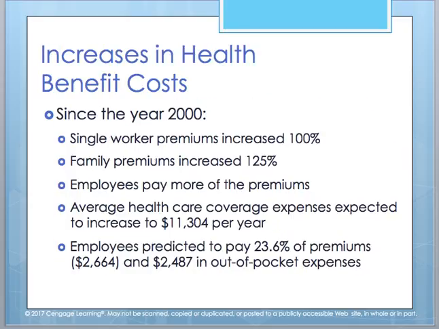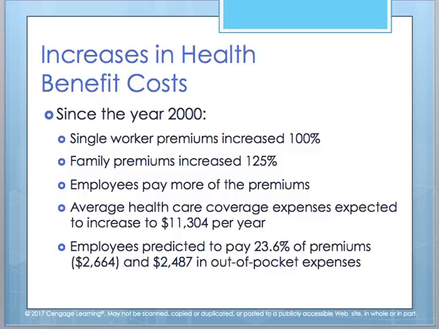So let's look at some of the increases in costs since 2000. Premiums for single workers increased by 100%. Family premiums increased 125%. Employees pay more of the premiums. The average health care coverage expenses are expected to increase to $11,304 a year. Employees are predicted to pay 23.6% of premiums.